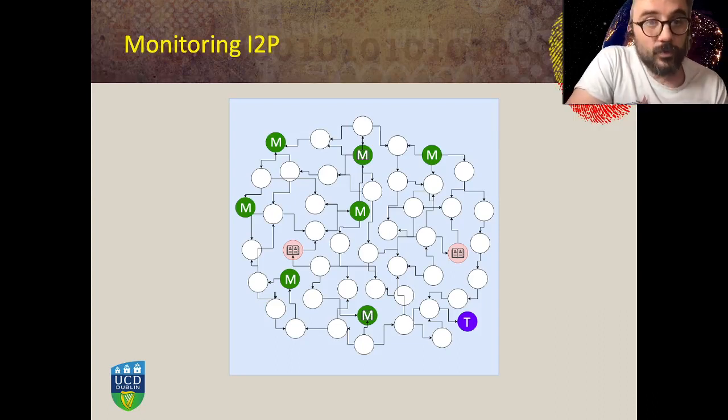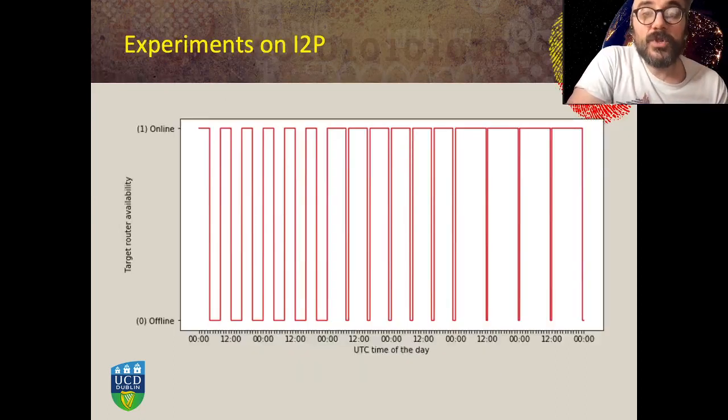At the same time, we deployed a target node, so a node where we were hosting a hidden service that we controlled. And we injected a very specific availability pattern to this target node. In this chart, we represented 6 days of experiments.